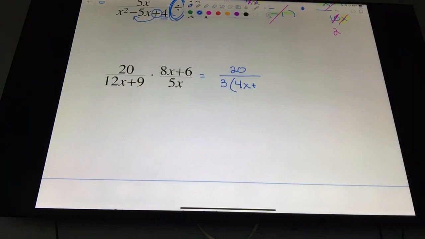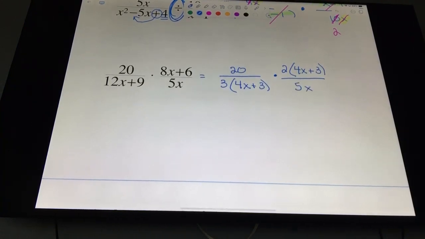And 3 divided into 9, 3. Times 8x plus 6. Is there a common factor? 2. I can take out a 2. And 2 divided into 8 is 4. Bring x over. 2 divided into 6 is 3. And in my denominator, my 5x.